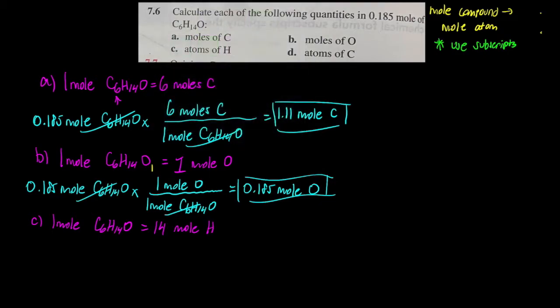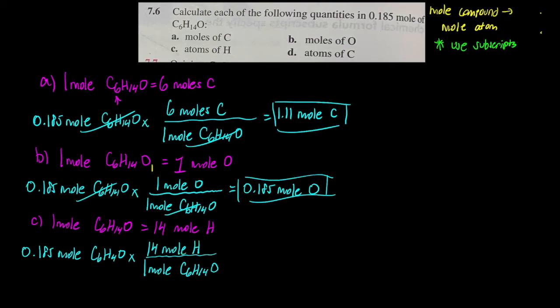And we set up our dimensional analysis with the starting units here on the left, moles of C6H14O. And we set up our fraction bar, and we try to make the units cancel. So 1 mole of the compound is going to be on the bottom of the fraction bar, and on top we're going to have 14 moles of hydrogen.